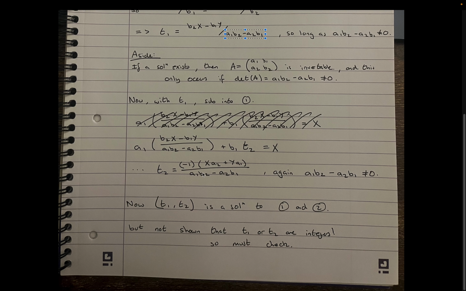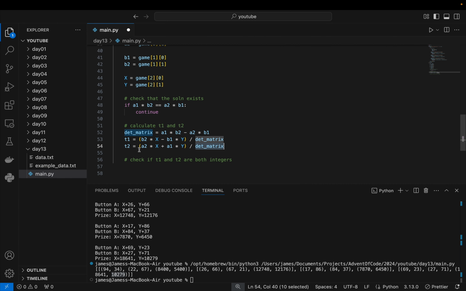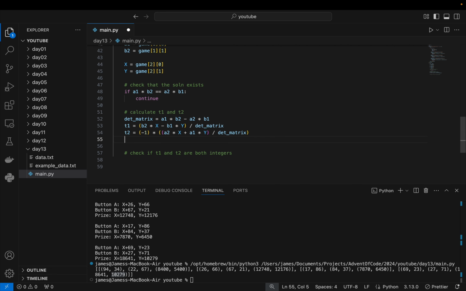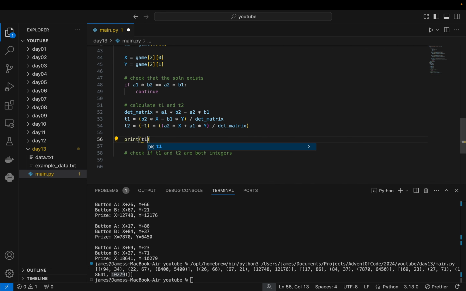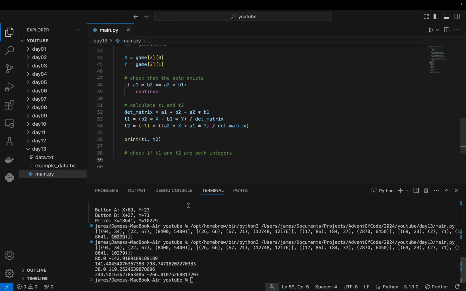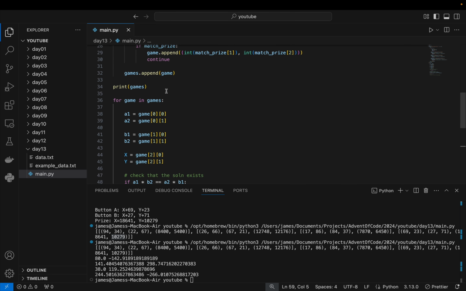It's also over this, but then there's this minus 1 here, so I'm going to have that like that. And I'm sure it would work itself out, but I'm going to put them around like that. And so now if I was to print t1 and t2, I can see here, I'm just not going to print the games.